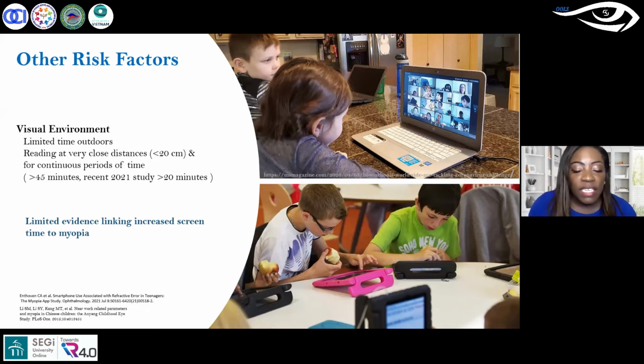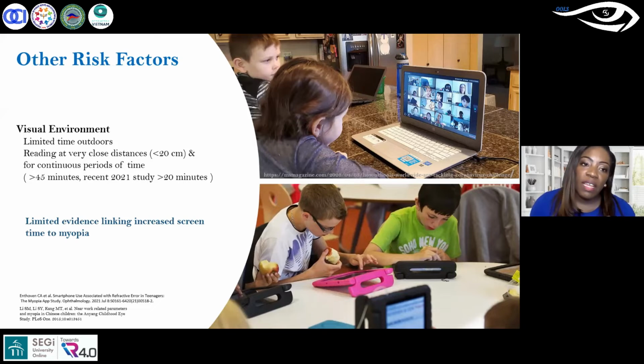But what is interesting is there's very limited evidence linking increased screen time to myopia. Most of that, I believe, is related to the way the studies were done. It's really difficult to do a well-controlled randomized study where we eliminate some of the confounding factors of myopia progression.